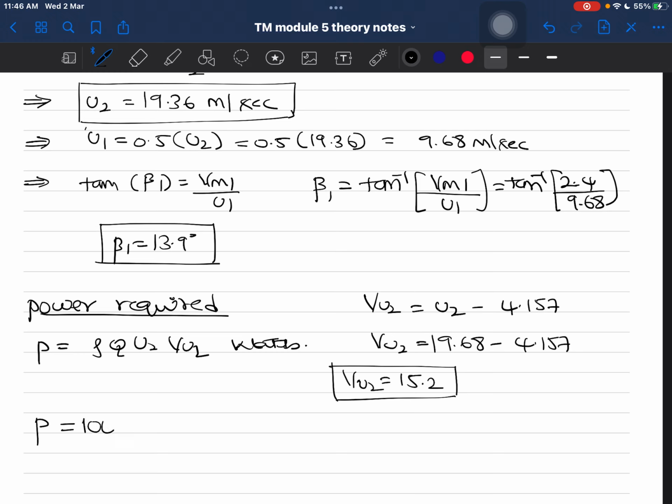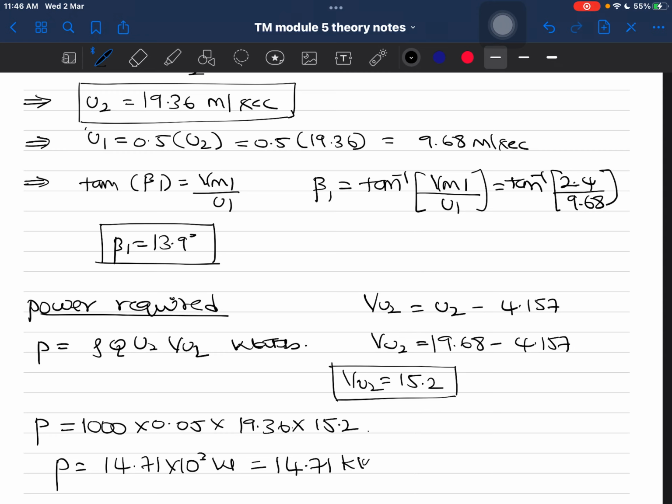P is equal to 1000 cross 0.05 cross 19.36 cross 15.2. So the power required is 14.71 into 10 to the power of 3 watts, which is equal to 14.71 kilowatts.